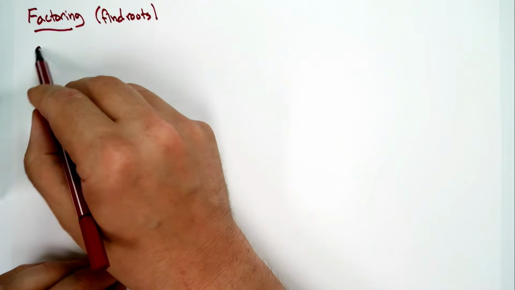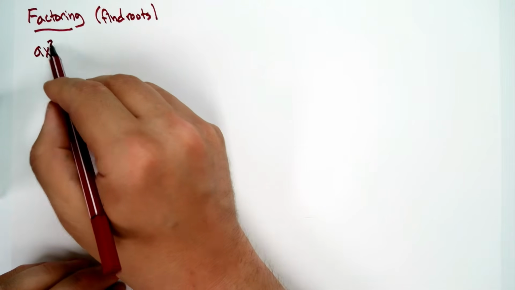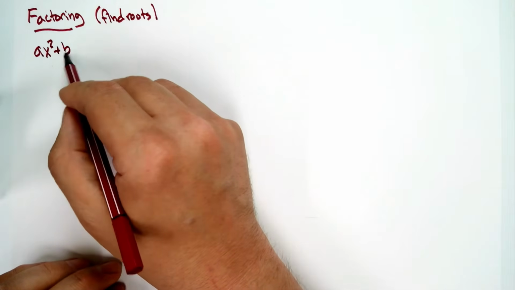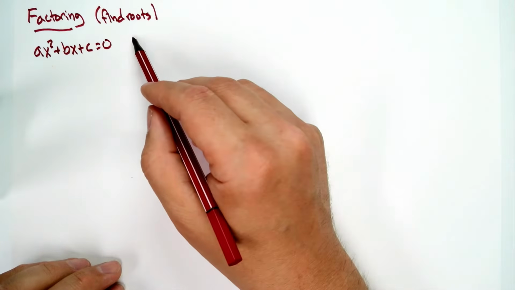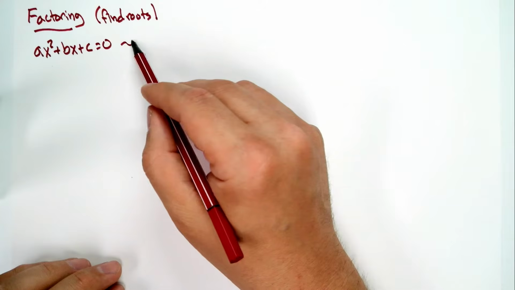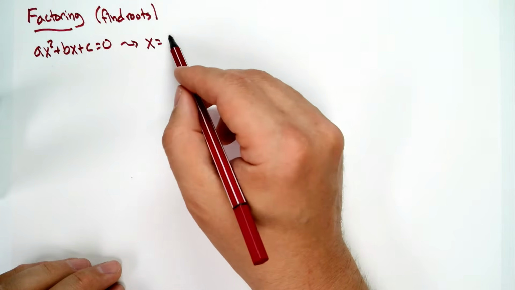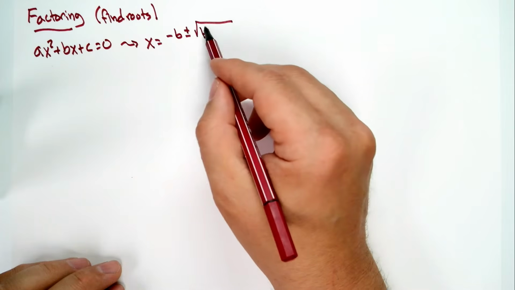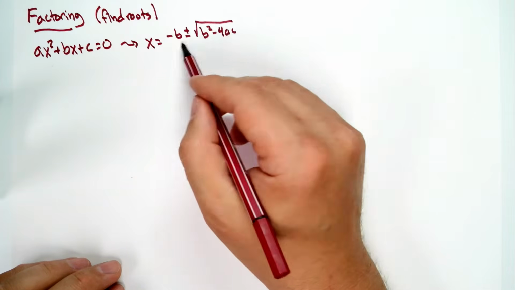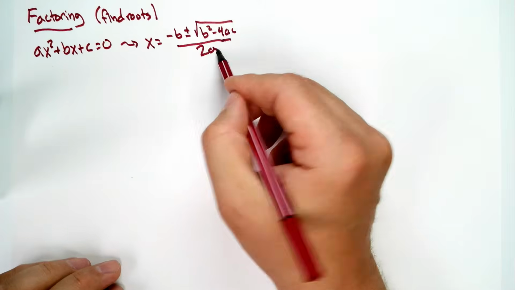Now, in the back of our mind, we always have the following. If I ever see something with ax squared plus bx plus c equals 0, I can always find the roots by using the quadratic formula, which says that x should be negative b plus or minus the square root of b squared minus 4ac, all over 2a.